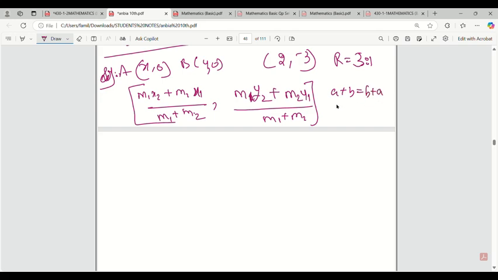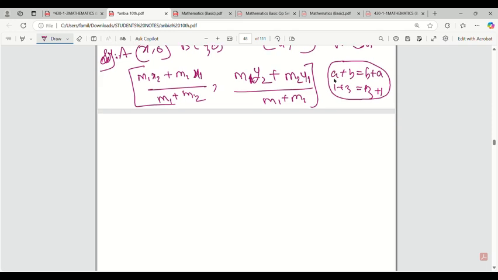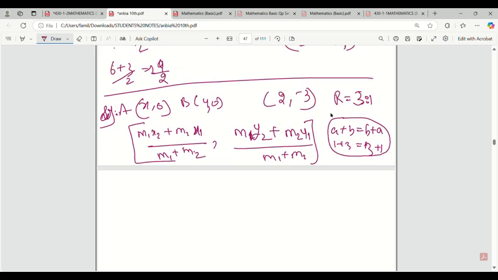Basically, a plus b is equal to b plus a. 1 plus 3 or 3 plus 1, both will give the same answer. In addition and multiplication, order doesn't matter. So m1 is nothing but the ratio; this is m1, this is m2.